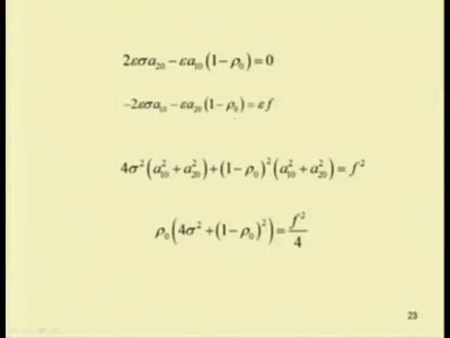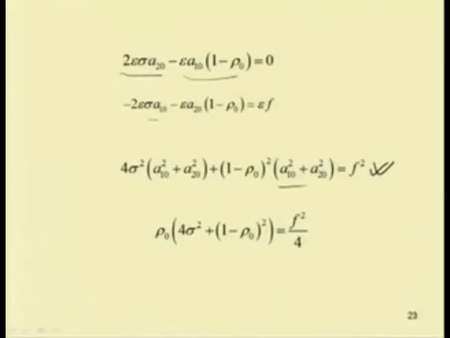So, from this equation, by cancelling the cross terms, that is 2 into 2 this into this with 2 into this term into this term, one can finally get this equation. This equation becomes 4 sigma square into A10 square plus A20 square plus 1 minus rho square into A10 square plus A20 square equal to f square.